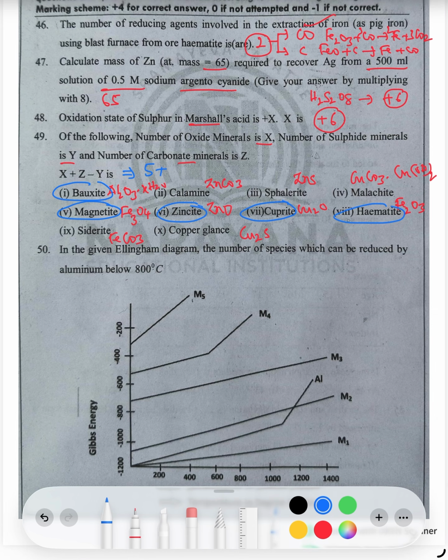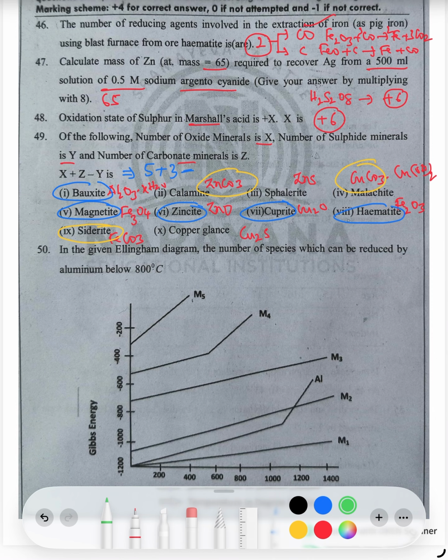Z is what is said in the question. Z is nothing but carbonate minerals. How many carbonates are there here? Carbonates are copper carbonate, zinc carbonate, next one is siderite, iron carbonate. So that is 3, minus Z. Y is nothing but sulfide minerals.